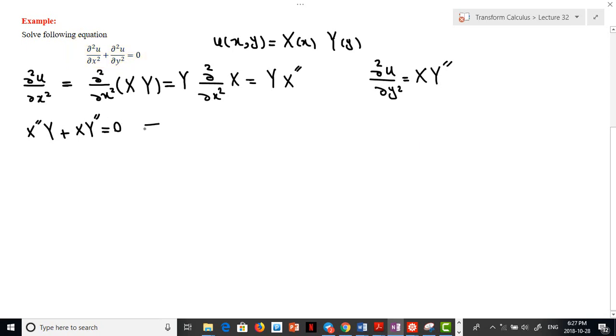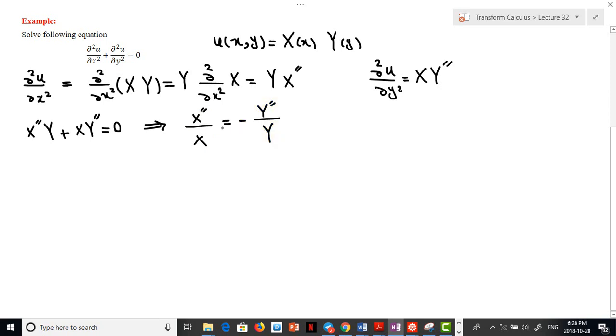So I can write this equation in this form: X double prime divided by X is equal to minus Y double prime divided by Y. Now we have two functions: X double prime over X, which is a function of x, and Y double prime over Y, which is a function of y.